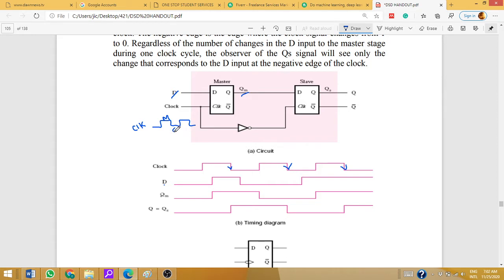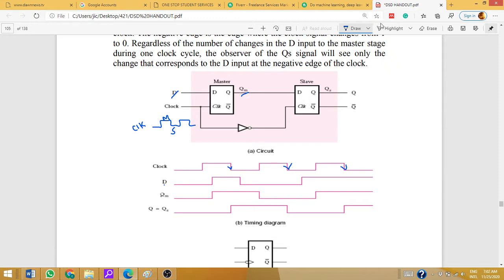This is the working of the slave latch. When it is positive here, it will be negative, and both are positive level latches.